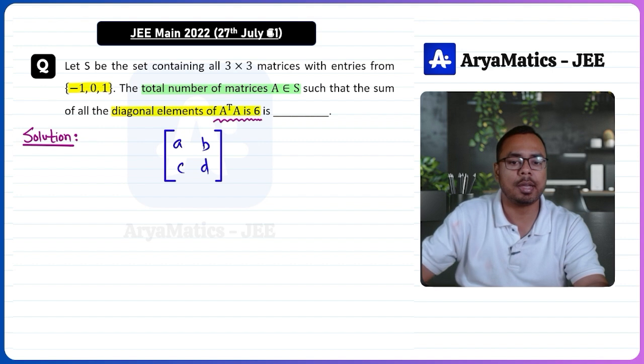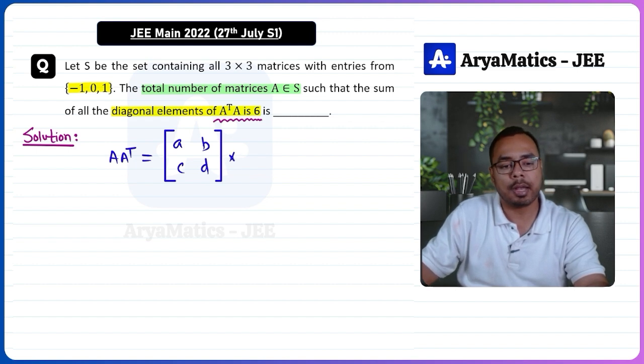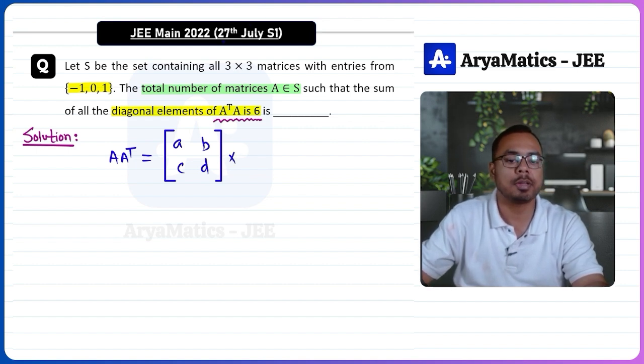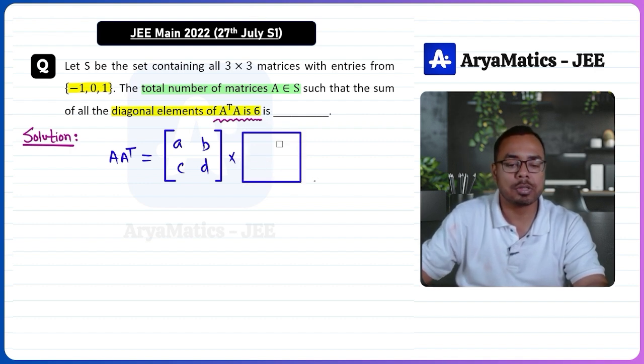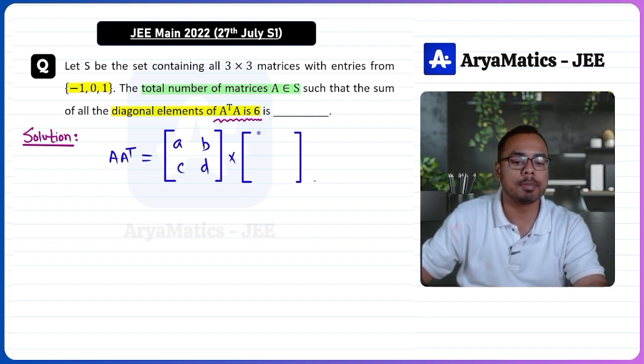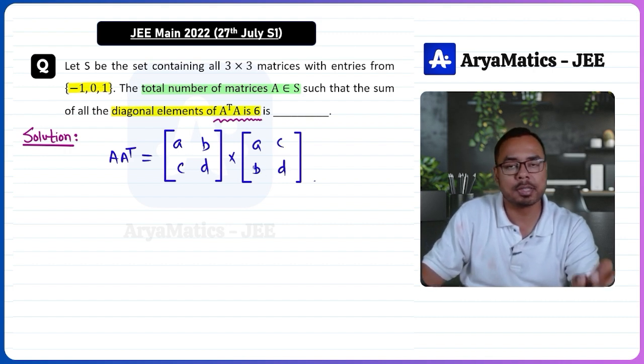Our matrix A is A, B, C, D, and therefore the transpose of this matrix will be another square matrix in which rows are converted into columns. So the first row will become first column and the second row will become second column. That means here we have A, B, C and D. A was this first matrix, so this is matrix A into A transpose.